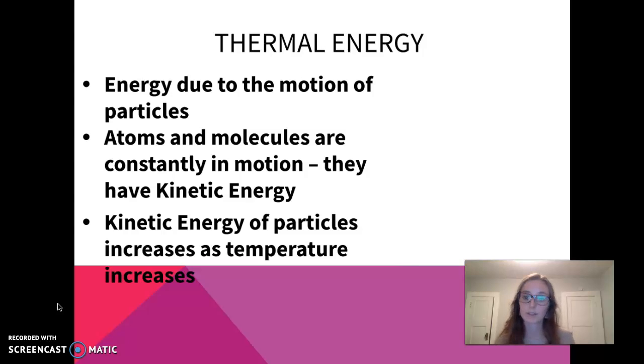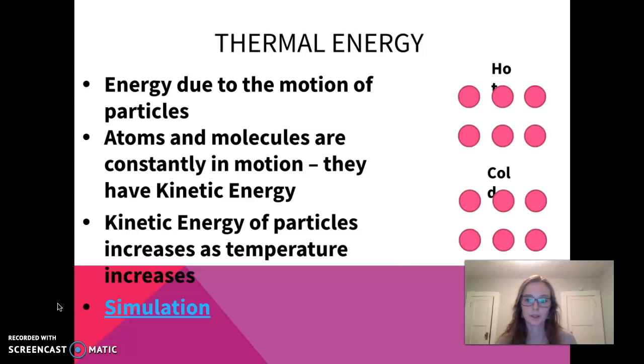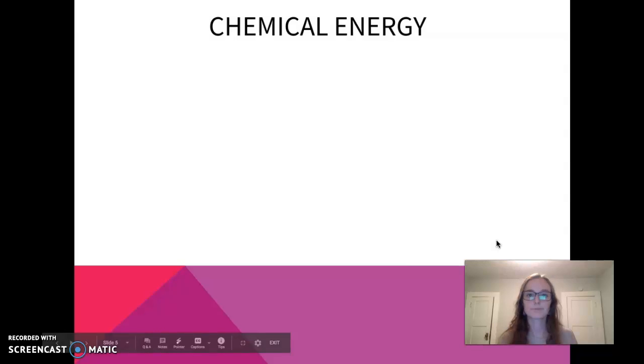Maybe you've seen graphics, or we'll look at some in class, that the faster the particles are moving, the more kinetic energy there is, the more thermal energy there is when it's hotter. So if you're boiling water, those particles are moving very fast versus ice cubes in the freezer. Although the particles are still moving, they're going much slower because of the thermal energy in them. We're not going to watch the simulation today, but you'll watch it in class.